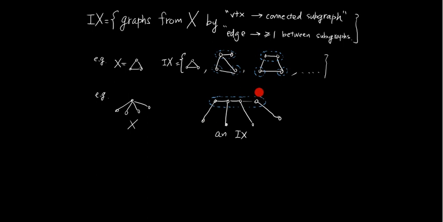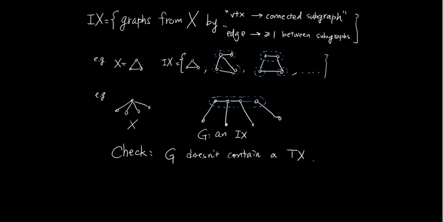Do you think this graph contains a Tx? It turns out that you may check the following. Let's say this is G. Okay, G does not contain a Tx in this case.